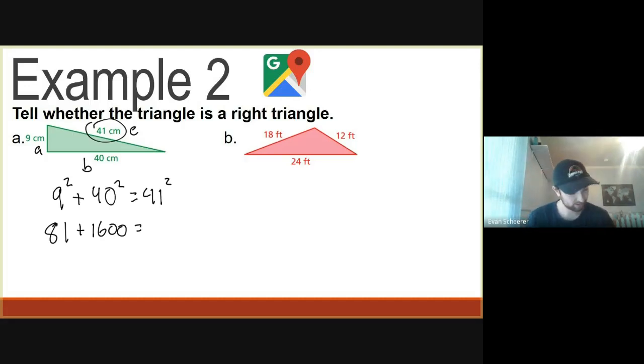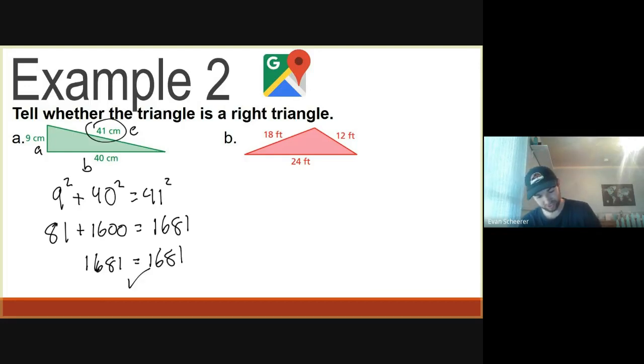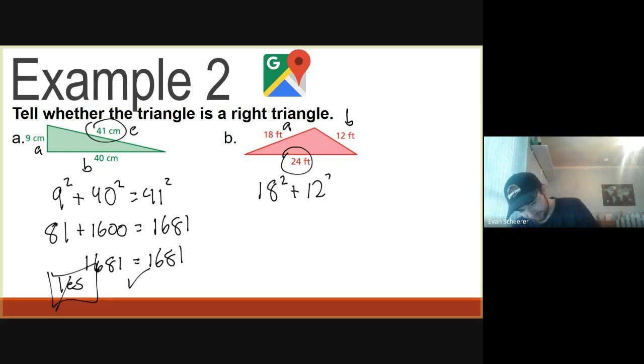So let's use a calculator. That's fine. 41 times 41 is 1681. So I get 1681 equals 1681. Check. Done. Yes. For the second one, this is going to be my hypotenuse, so we're going to pick these as A and B. So that means 18 squared plus 12 squared equals 24 squared.